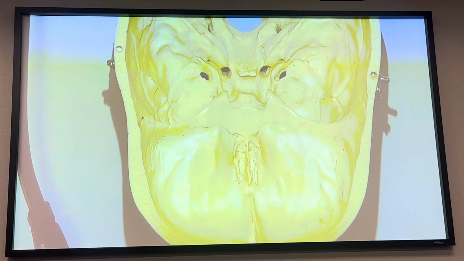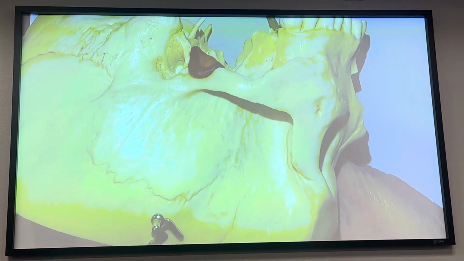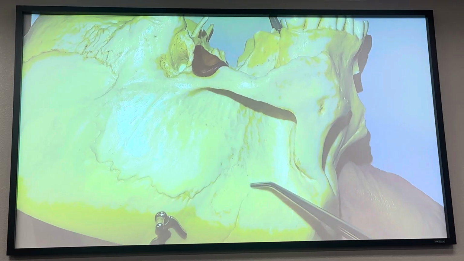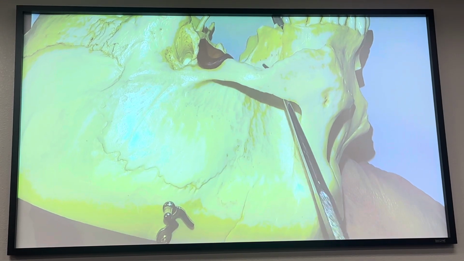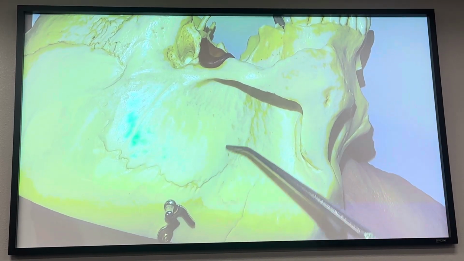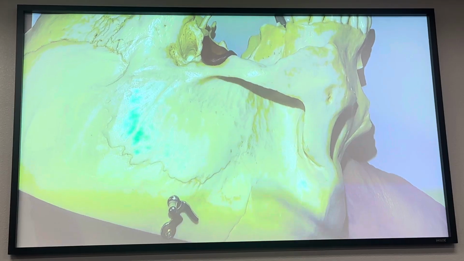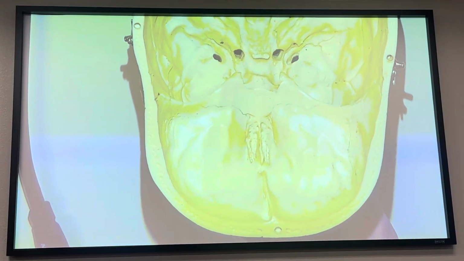It has a lesser wing on the inside, and out laterally, we'll see the greater wing of the sphenoid bone kind of tucked deep to the zygomatic arch and sitting anterior to the large external part of the temporal bone. So all information that we'll cover in more detail with the anatomy of the skull.